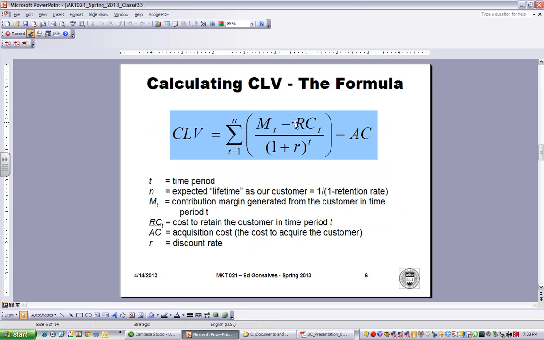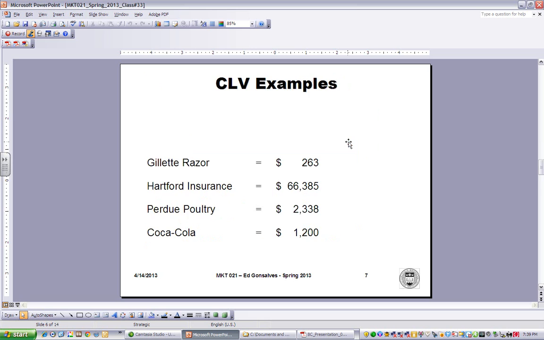Here's the margin for that year, minus the cost to retain for that year, divided by the discount rate. Then you sum that over the time period that you are a customer, 1 year, 2 years, 5 years, 10 years, 20 years, and then you subtract the cost to acquire, and that's the total customer lifetime value.